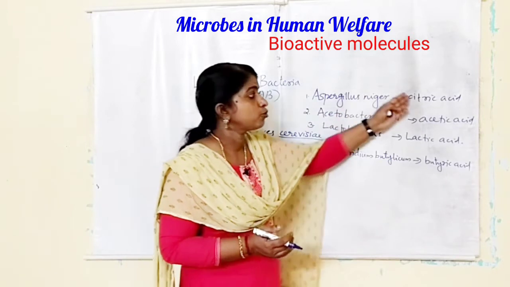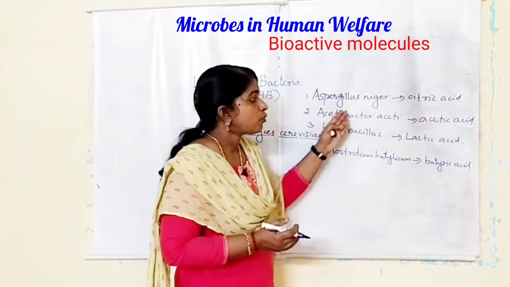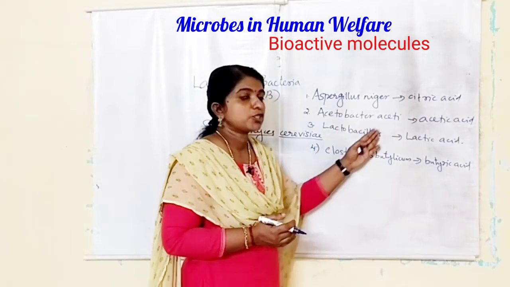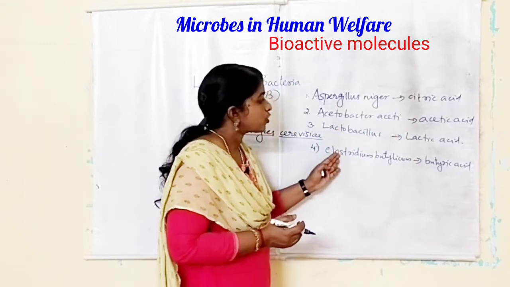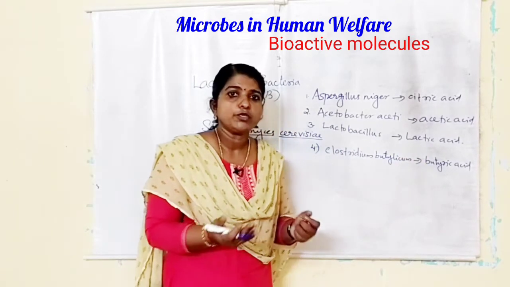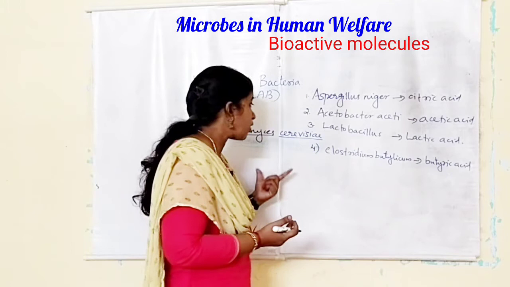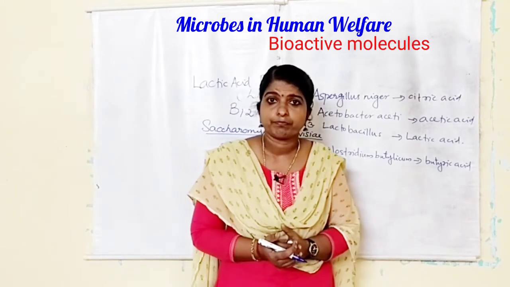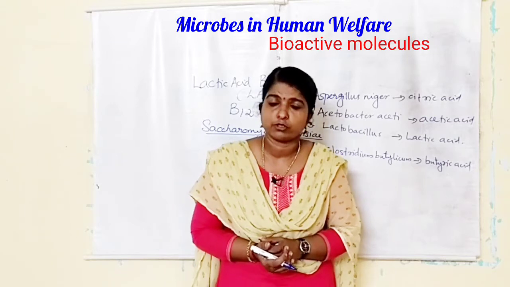Aspergillus niger produces citric acid. Acetobacter aceti produces acetic acid. Lactobacillus produces lactic acid. Clostridium butylicum produces butyric acid. Okay, then you know the yeast Saccharomyces cerevisiae produces ethanol. Okay, ethyl alcohol it produces.